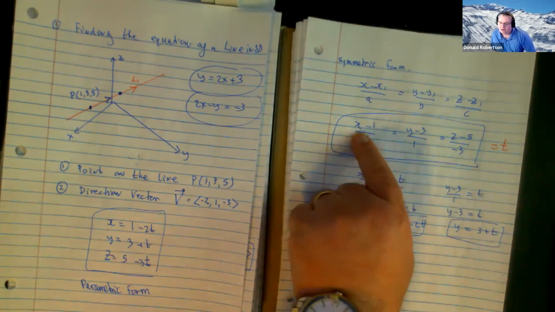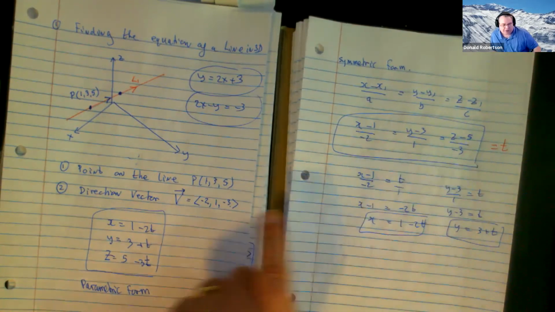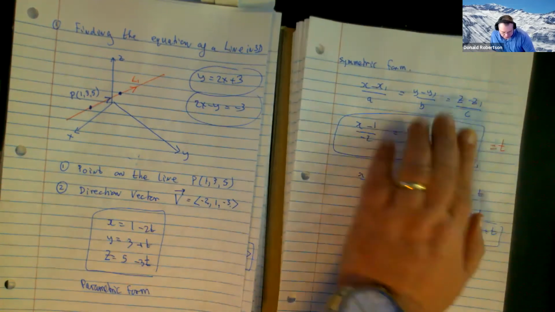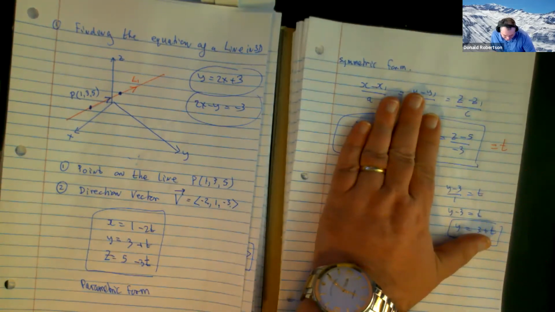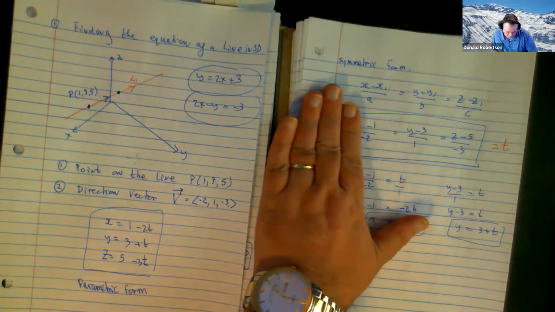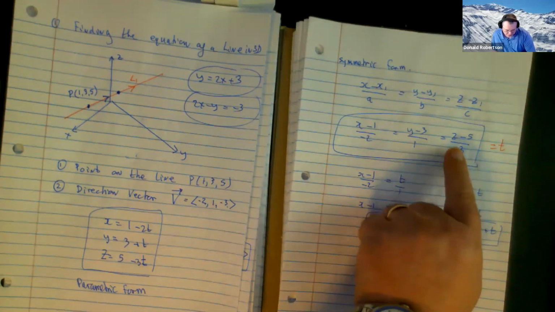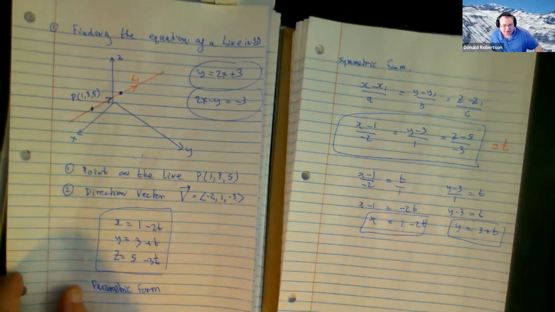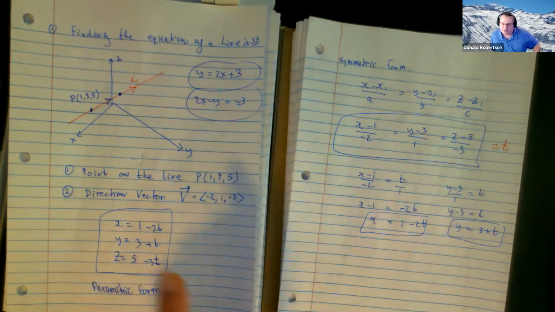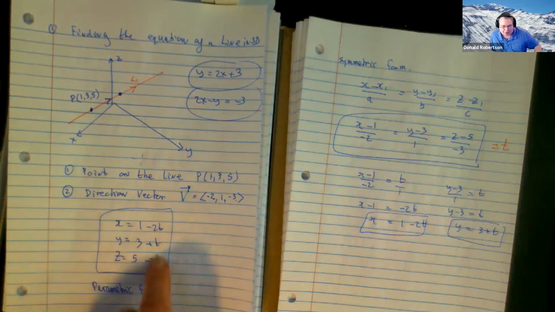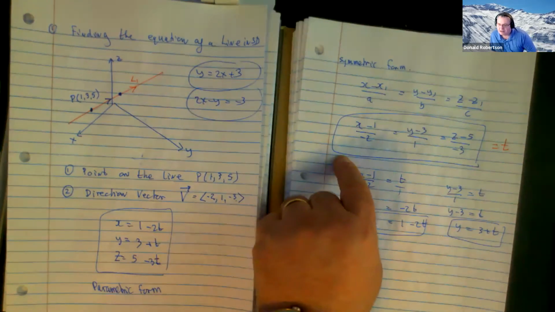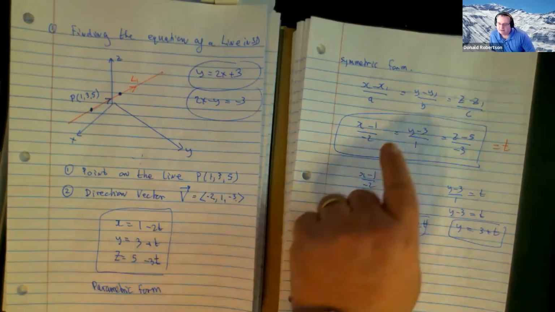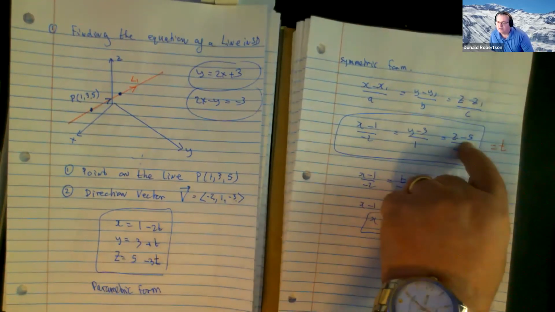Okay, so if you want to take symmetric form and convert it into parametric, you make it equal to t, and you take one piece at a time and solve for x, y, and z, and you've got it. How do you go the other way? How do you take a parametric and make it into symmetric form? So how do we get from here to the guy that looks like that?